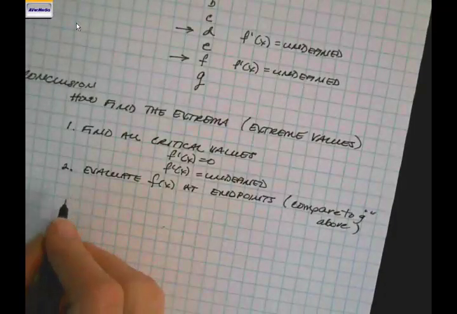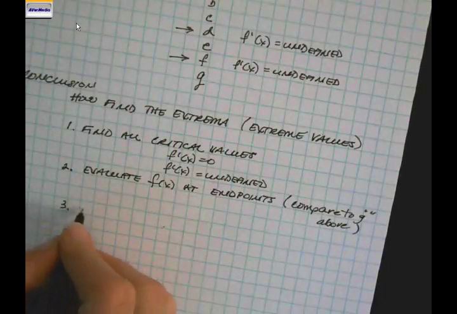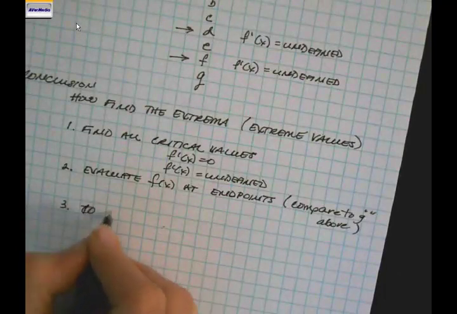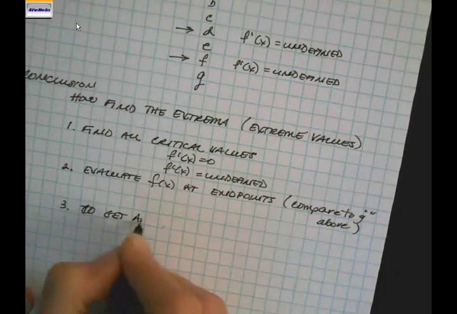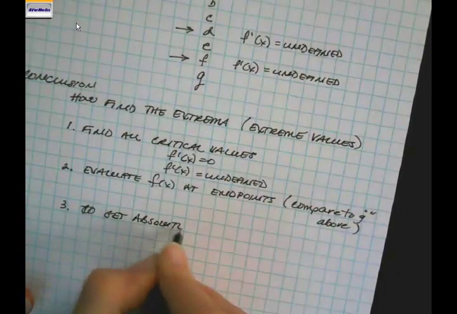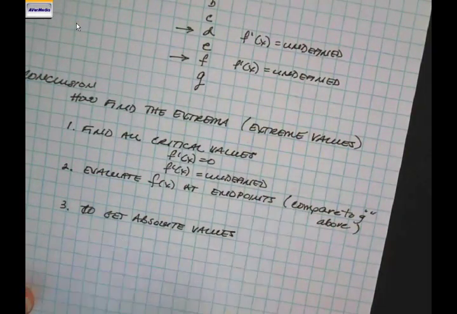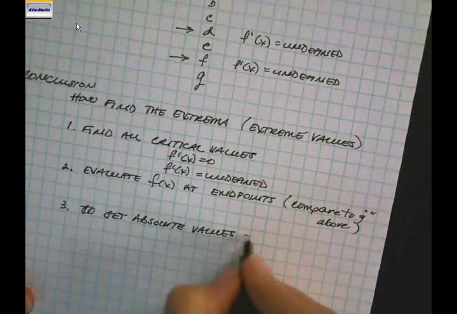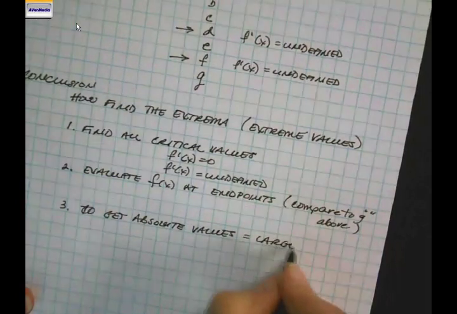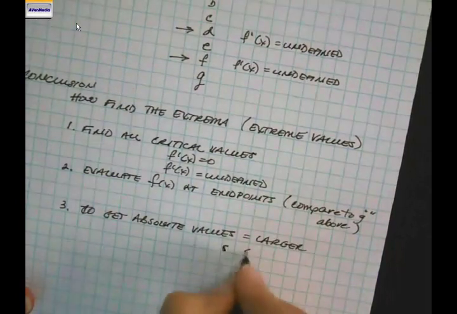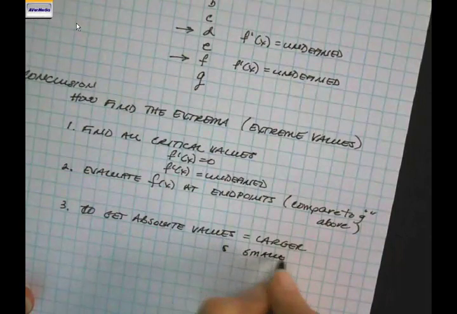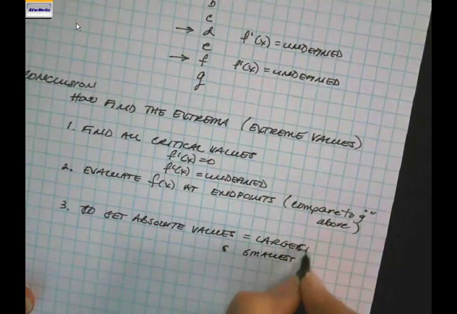And then, when you want to come up with your absolute extrema, or the absolute values, they will be the larger and the smaller locals. I guess I should say largest and smallest values.